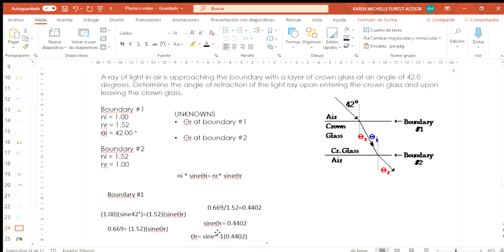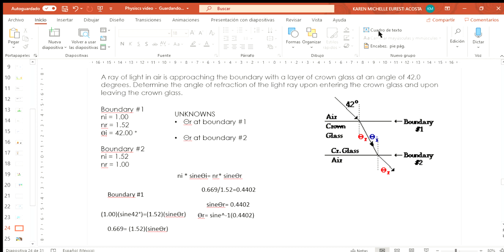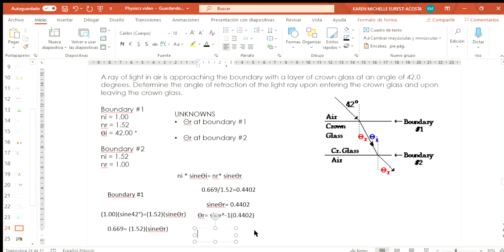So that gives us as the result that the angle R is, we just multiply, 26.1 degrees. That will be our answer. This is the angle of boundary 1.